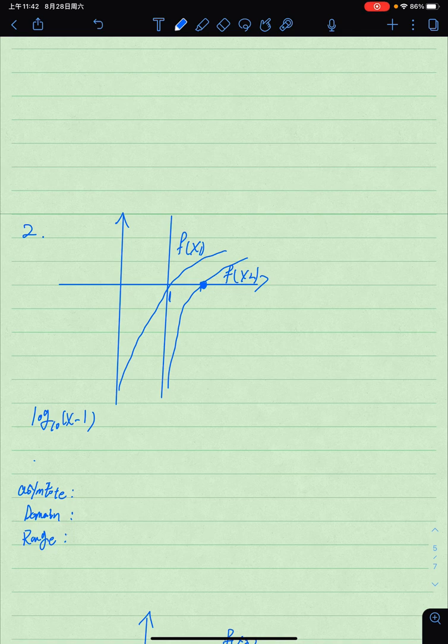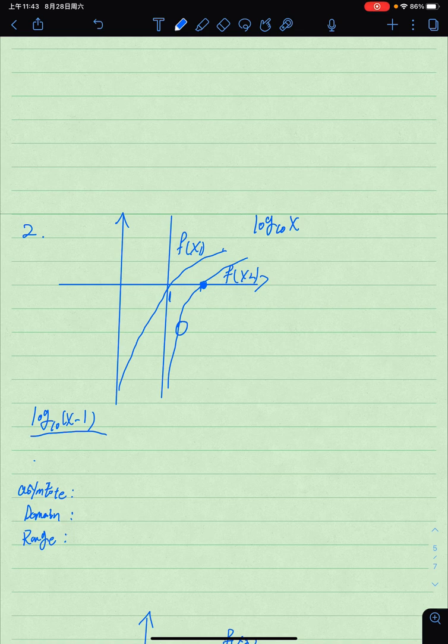You can see the original function is still log x, f1, and the asymptote is the y-axis. After the horizontal translation, we write, for example, log of x minus 1. So we can see the graph translates to the right 1 unit.